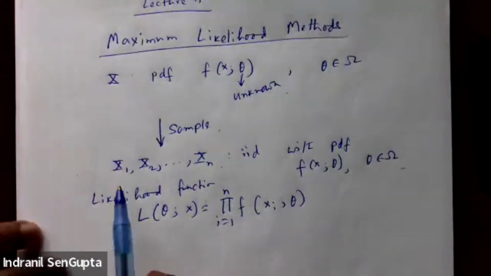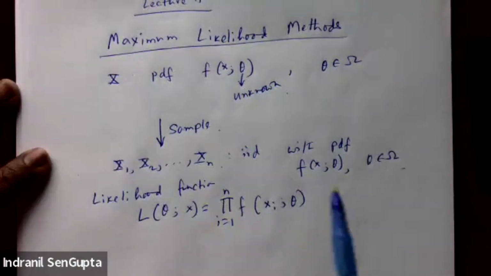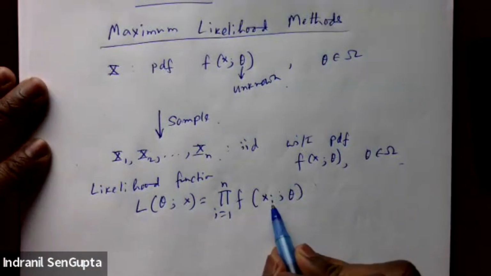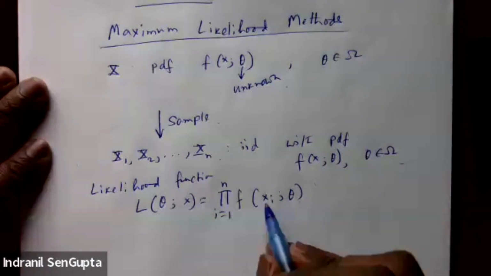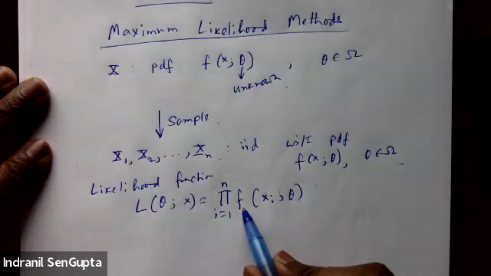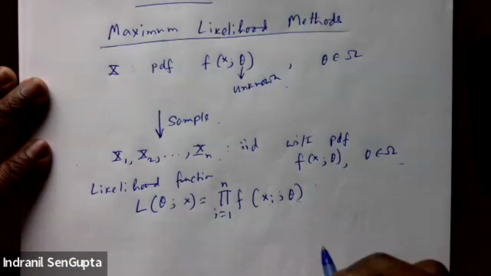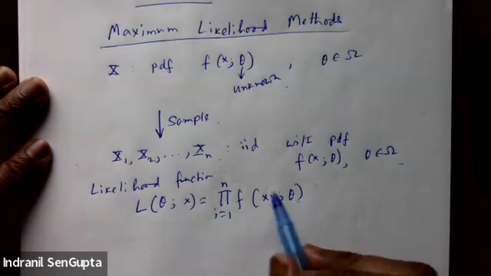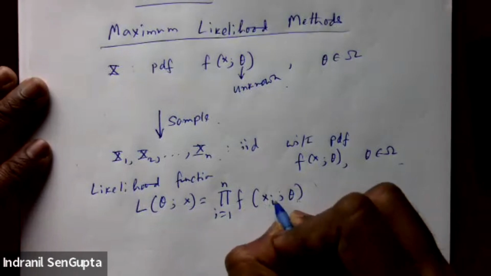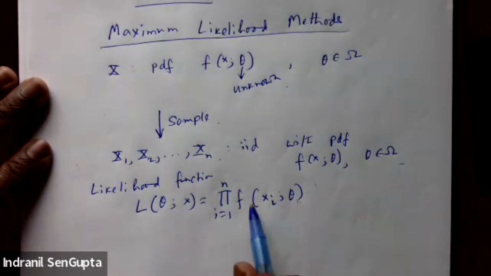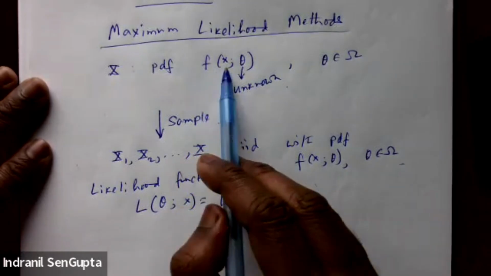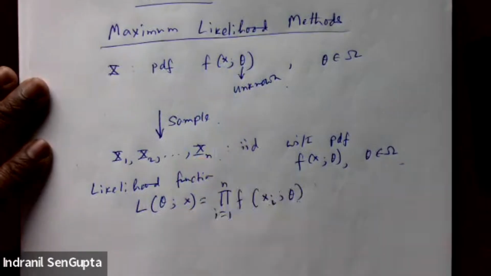Basically, for each sample X1, X2, ..., Xn, the probability density function is f(xi; theta), where little xi are the values. So it's f(x1; theta) times f(x2; theta), and so on. This xi just signifies different random variables, corresponding to the different values which this probability density function is taking.